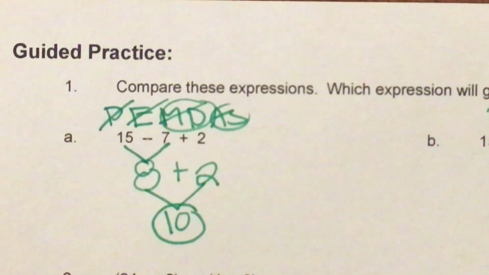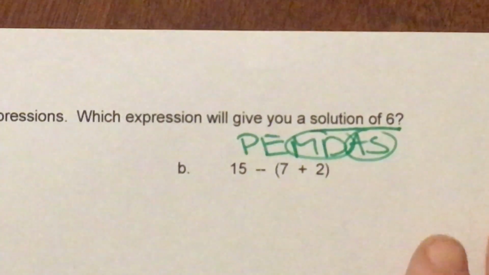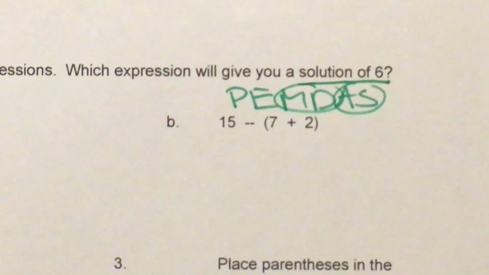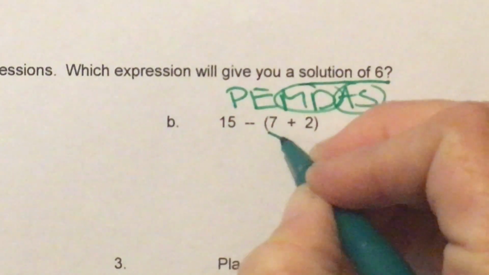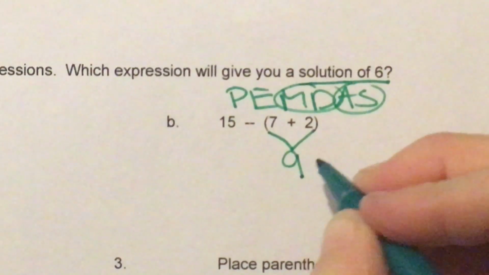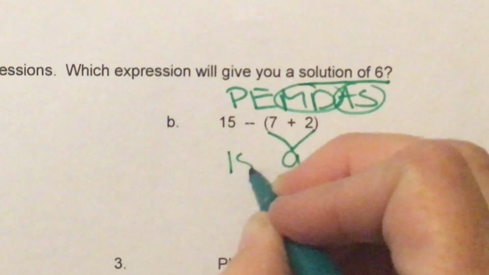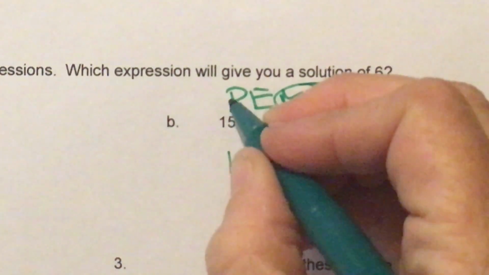Let's see what the other one gives me, because I'm looking for a 6. All right, this time I do have parentheses. 7 plus 2 is 9. Using my caret and rewriting everything else.